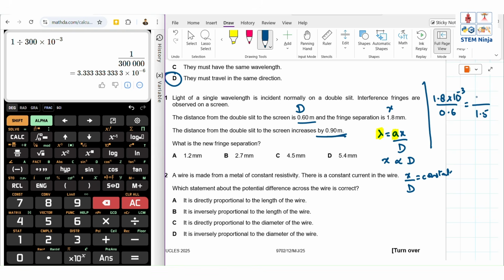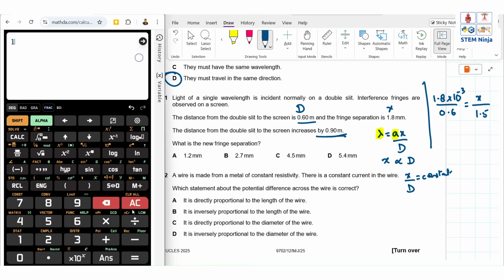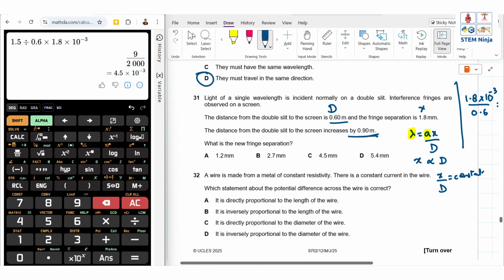And now we need to find out what the new fringe separation is. So 1.5 divided by 0.6 times 1.8 times 10 raised to power minus 3. This is 4.5 times 10 raised to power minus 3, which is 4.5 millimeters.